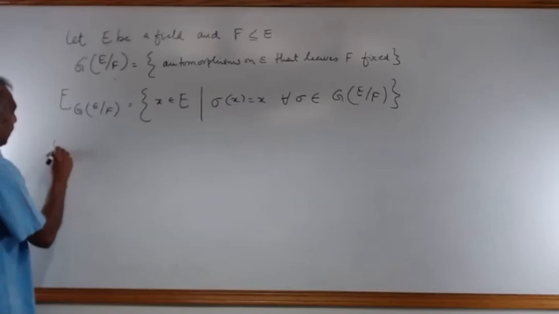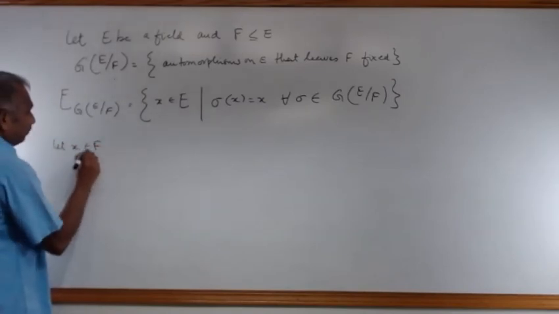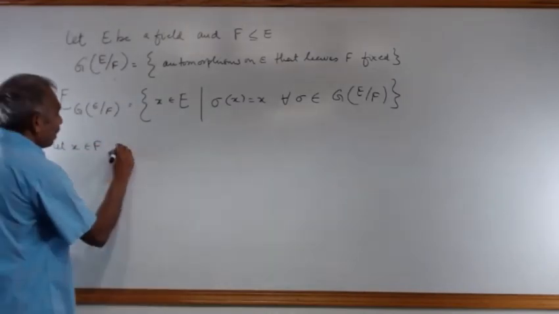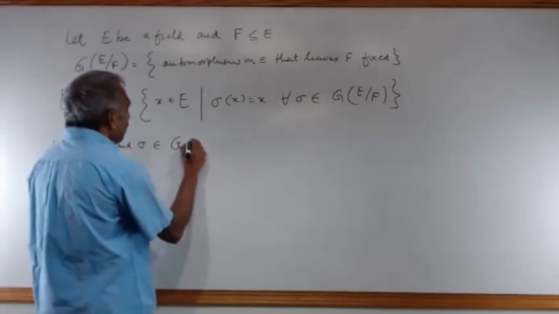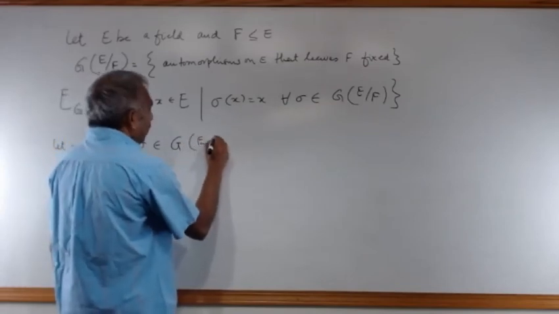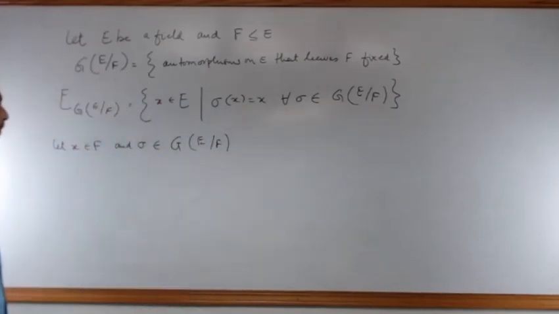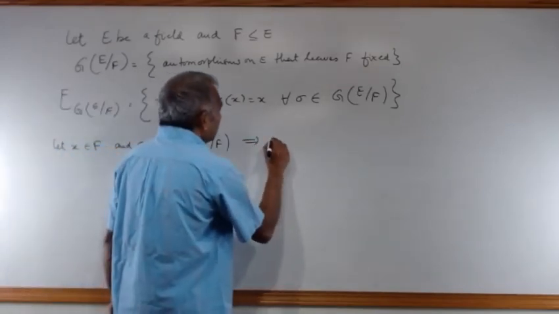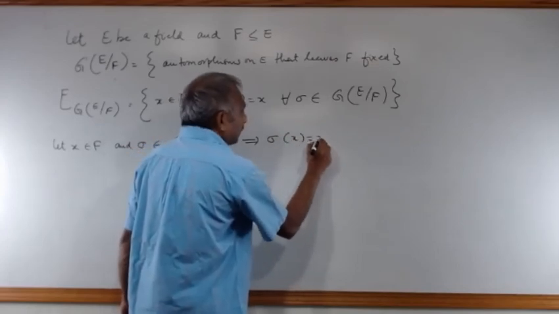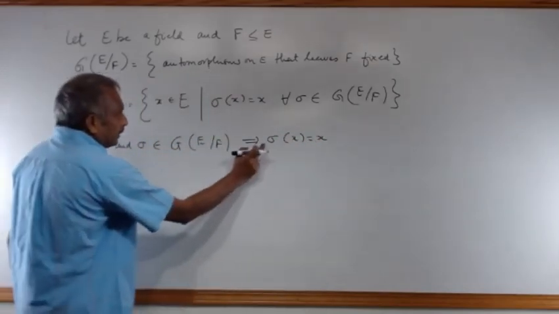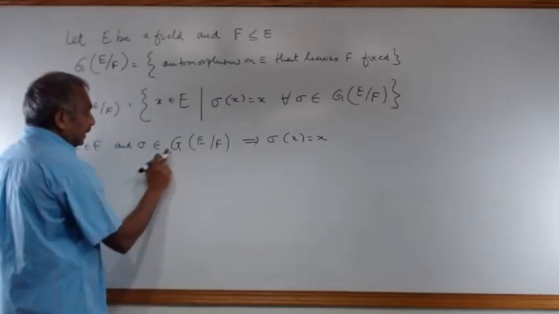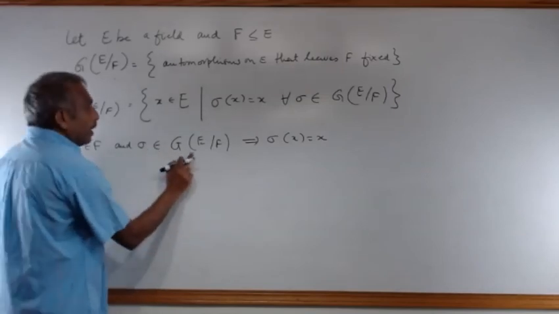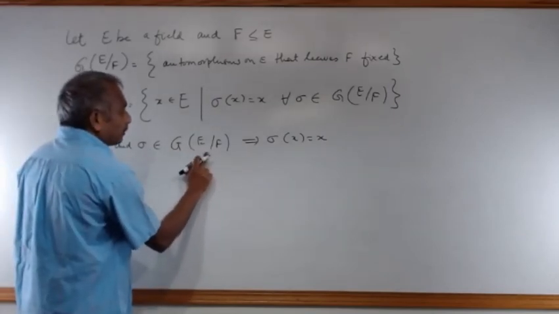Now let us assume x belongs to F and sigma belongs to G of E over F. What does that mean? That means sigma of x equal to x, because this is F and you are actually fixing F by every automorphism from this group.